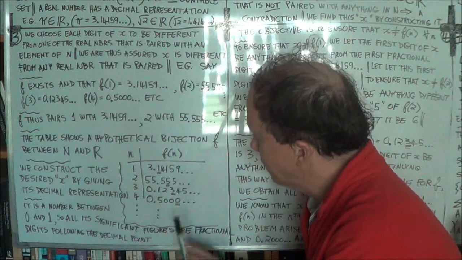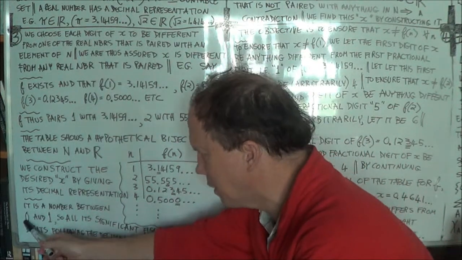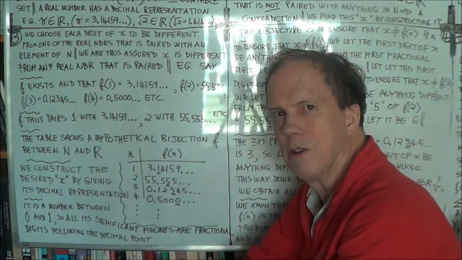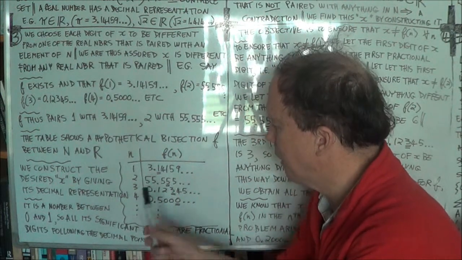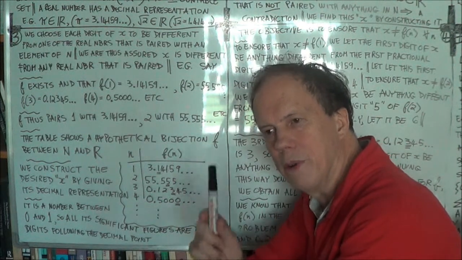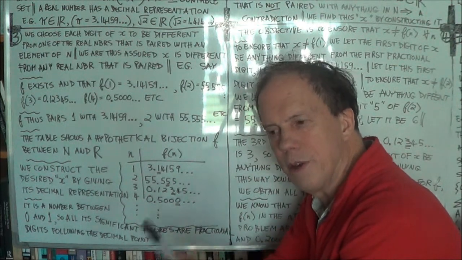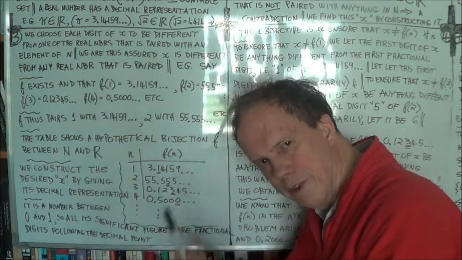So our x that we're forming, let's assume its value is between 0 and 1. So the first digit after the decimal point for little x will be 4. So far we've got 0.4... So we'll keep filling out the dots.